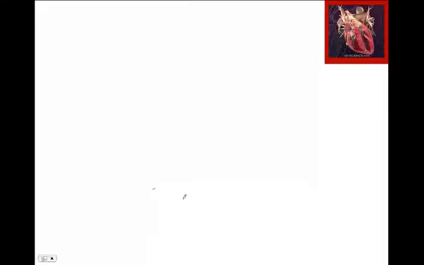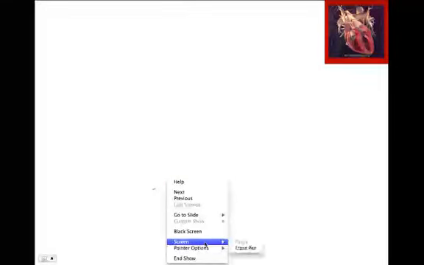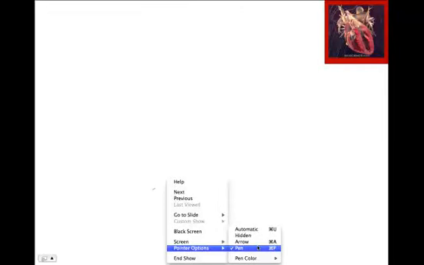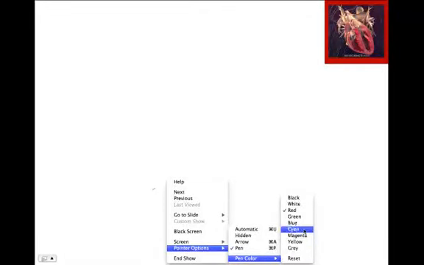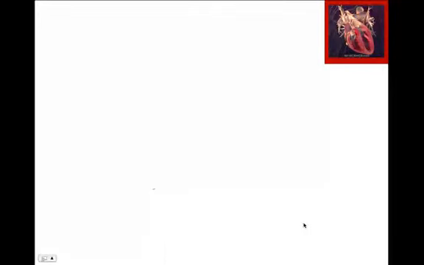Okay? And so real quick, I'm going to change my pointer here. I'm going to change the pen color to blue and I'll change it back to red here in just a minute. So first off, what I want you to do is I want you to put up at the top here, we're going to put the lungs.